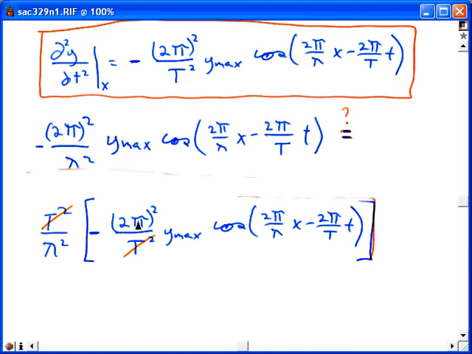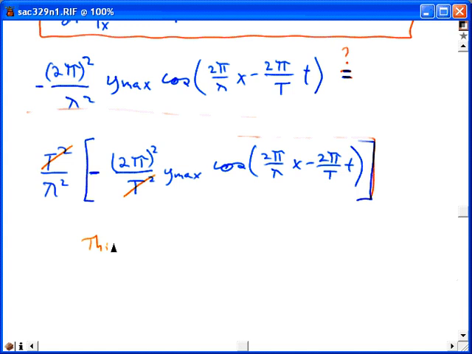There's minus 2 pi all squared over lambda squared. There's a y max here, and the cosine of this argument, here's the cosine of the same argument. So I have the exact same expression on both sides, hence this is an identity.